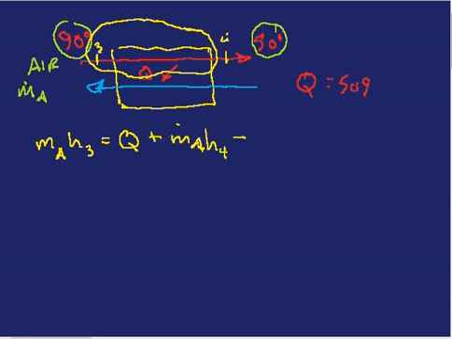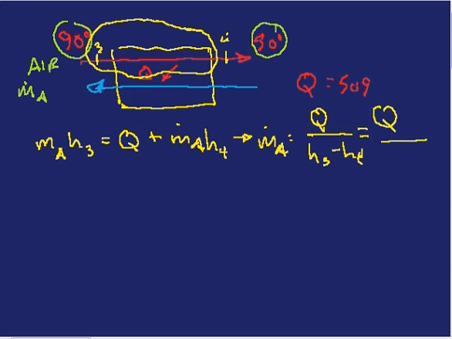Or, if we solve for m dot air, it is equal to Q divided by H3 minus H4. And if we substitute Cp delta T for delta H of the air, we have Q divided by Cp times T3 minus T4, which is a drop of 40 degrees Fahrenheit.